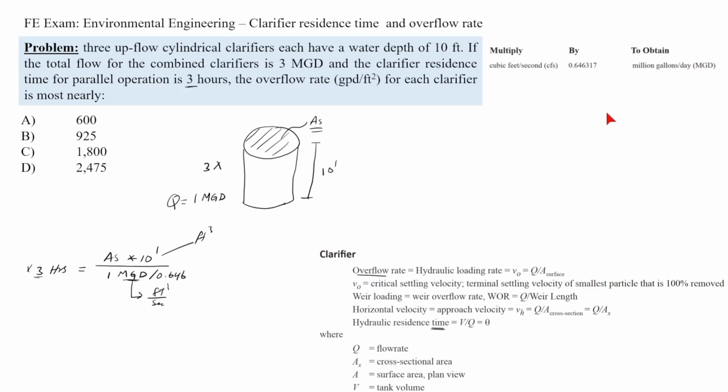That means we need to multiply it by 3,600 so that it is converted to seconds. Now, if you solve for the surface area, you will find it to be 1,670 square feet, and the overflow rate or the hydraulic loading rate is the flow divided by the surface area.